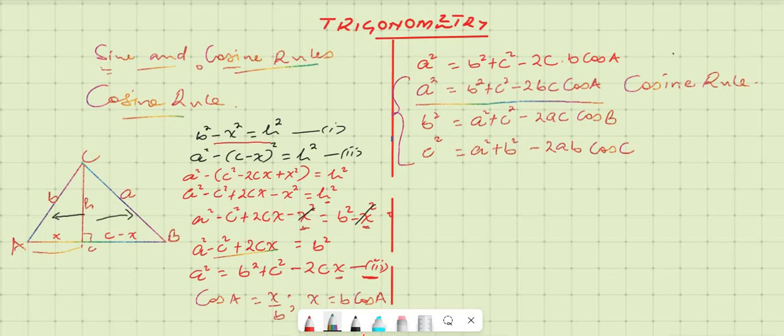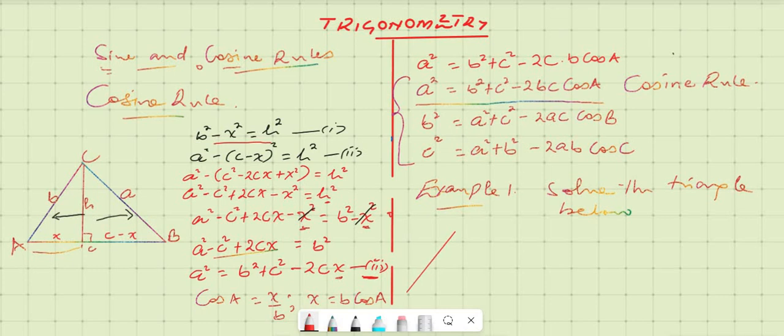Now that we know the cosine and the sine rules, can you try to have some examples where we can apply these rules? Let me call this one example 1. Solve the triangle below.